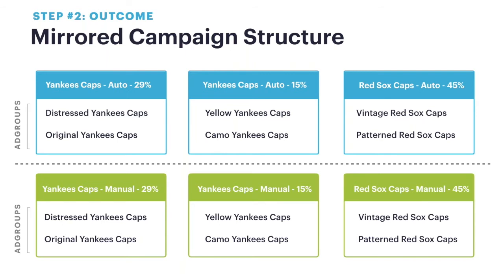Yeah, absolutely. So this is going to facilitate what we talk about a lot, that mirrored campaign structure. Again, really important are the naming schemes that you can see here for these campaigns and ad groups. It's super easy for John to know the margin of all of the products in his campaigns. He knows which one's the auto, which one's the manual, which ones coincide with each other.